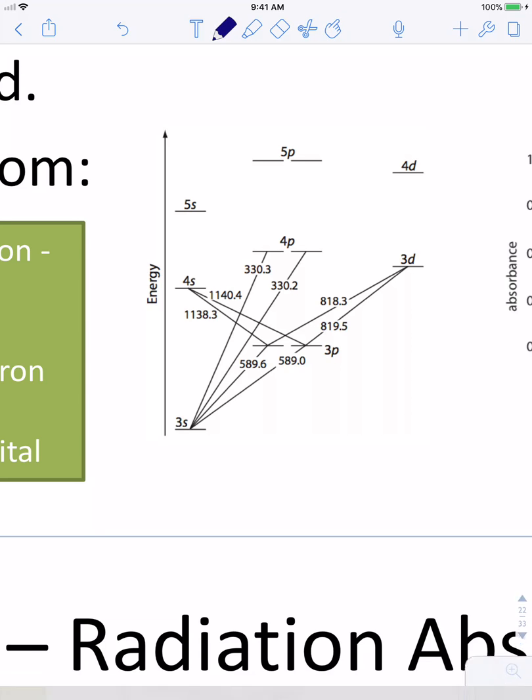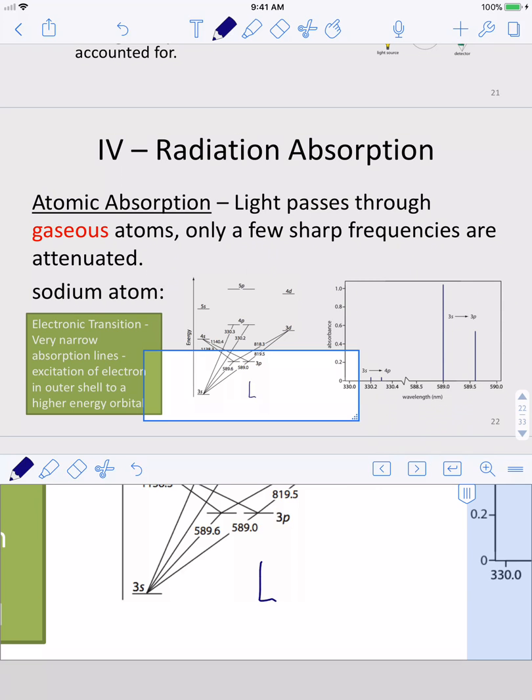Here we're only going from maybe L of 0 to 1, which would correspond from an S to a P. So you can see here that we can only go directly from the S to the P's. And then once we're at the P, we could go from L of 1 for P to L of 2 for D. So we could go to a 3D or a 4D. But it's only individual jumps of L equals 1 at a time for our quantum numbers.